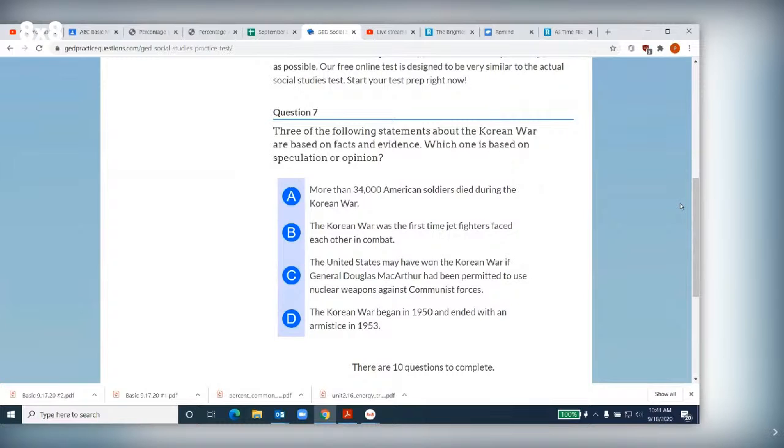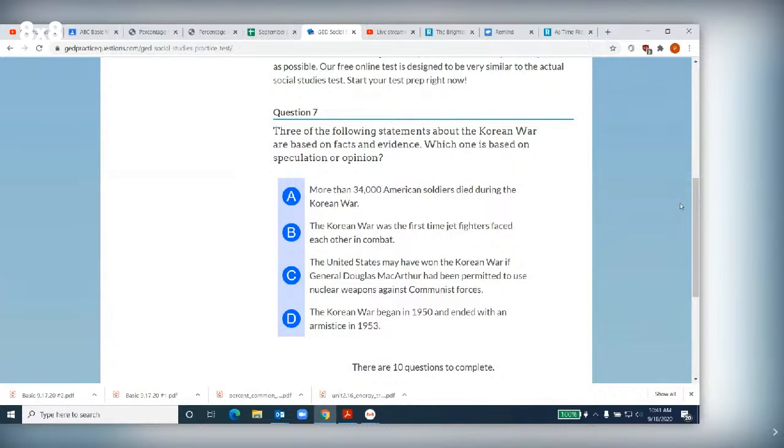Okay, this one says, 3 of the following statements about the Korean War are based on fact, and one on opinion. Which one is based on speculation or opinion? Okay, more than 34,000 American soldiers died during the Korean War. That's a fact. The Korean War was the first time jet fighters faced off in combat.